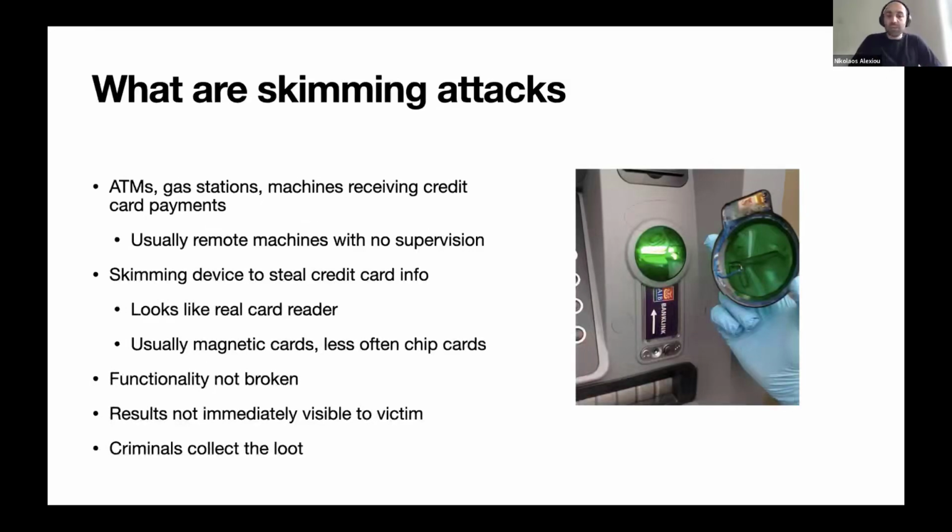They collect the loot, the collected credit cards, and then just sell them further on, probably on the dark web or other places. One characteristic of this attack is that functionality is not broken. You will still get your money, you will still make your payment, but you will not realize you're being attacked until your credit card information is actually used by another person at a later stage.